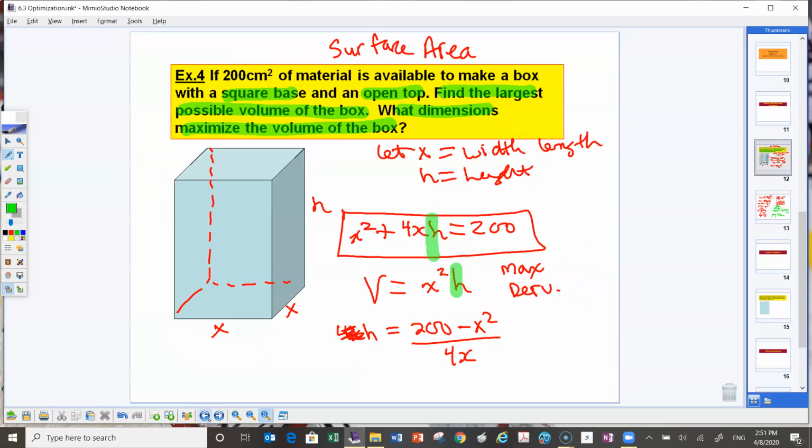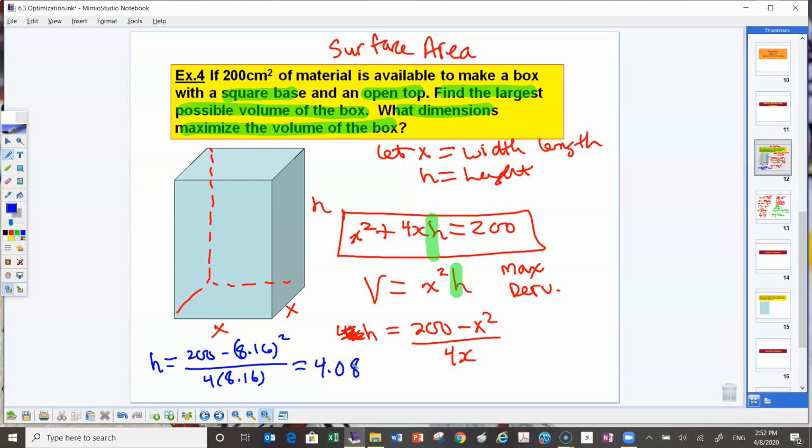So now let's go back and see what else we have to find. We have to find the height. Well, to figure out the height, I can plug right into here. So it's going to be (200 minus 8.16 squared) over 4 times 8.16. So the numerator works out to be 133 divided by 4 times 8.16, and this works out to be 4.08.